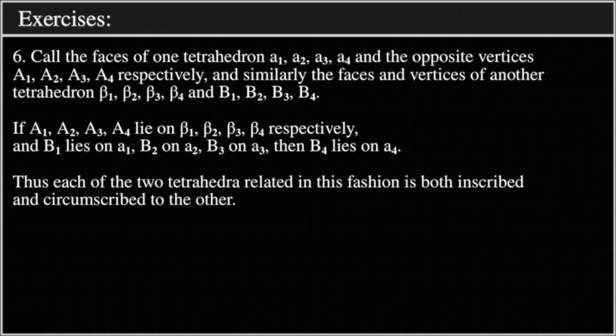If A1, A2, A3, A4 lie on beta 1, beta 2, beta 3, beta 4, respectively, and B1 lies on alpha 1, and B2 on alpha 2, and B3 on alpha 3, then B4 lies on alpha 4. Thus, each of the two tetrahedra related in this fashion is both inscribed and circumscribed to the other.